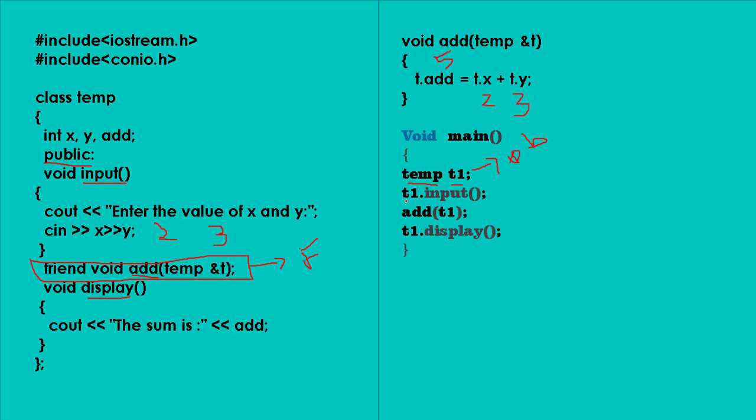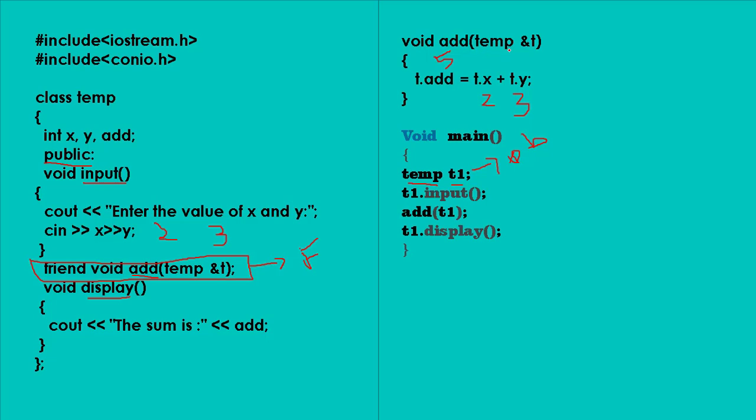See here the difference between this function, input, and the friend function. When we are calling a friend function, there is no need to use the object name, that is t1 is not used for the friend function, but for other functions we will be using t1, the object name. So for add, the control will go to add. The argument we are passing is t1. Here we are passing it as the address of t.